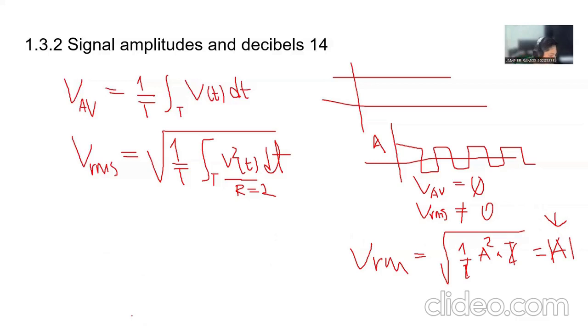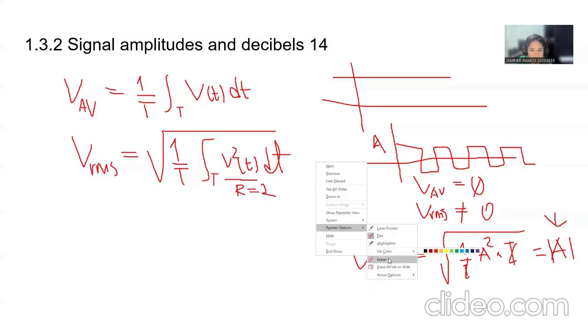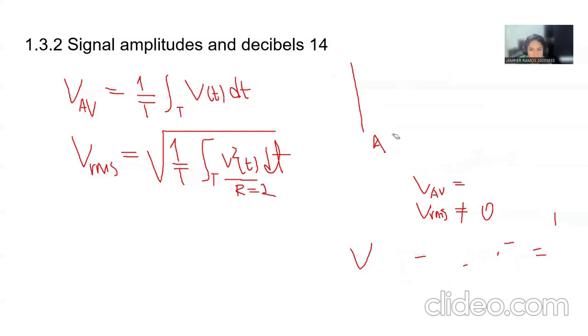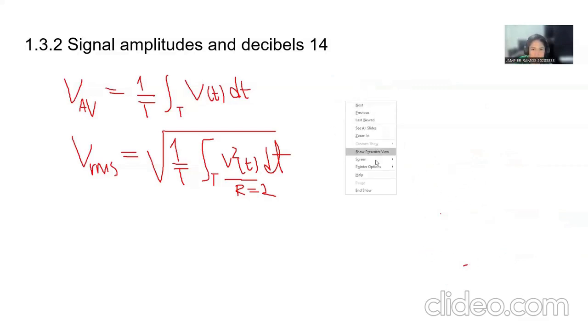So to talk about the signal amplitudes, we have to define decibels first.